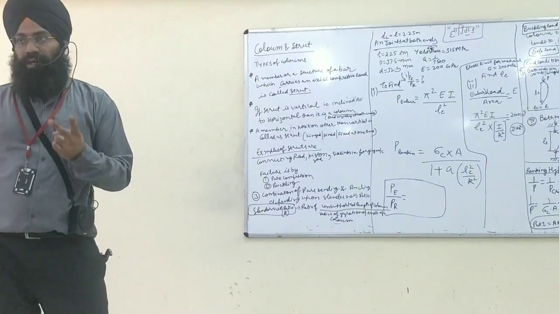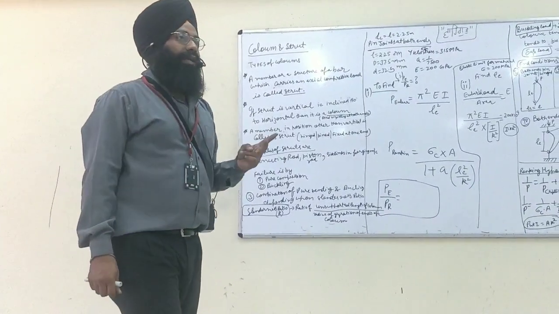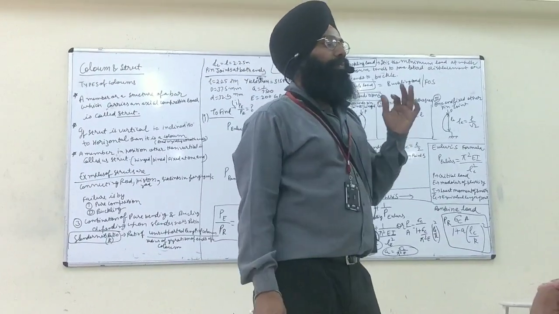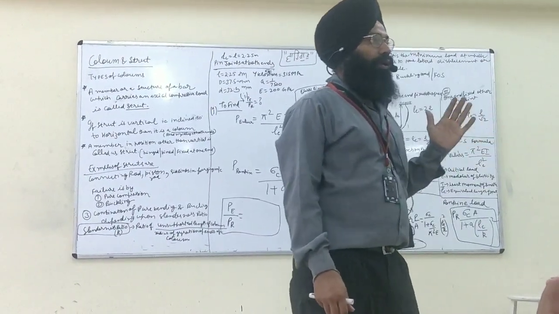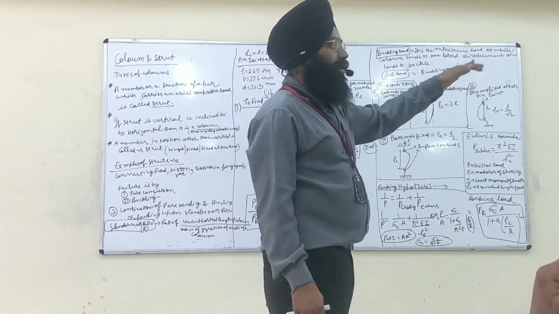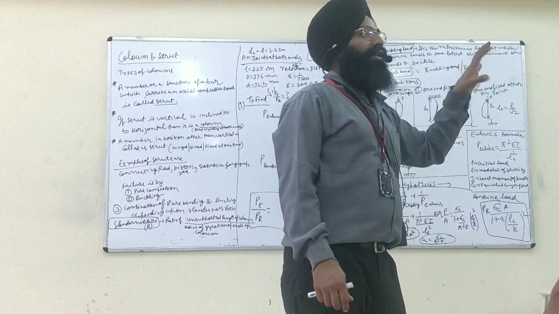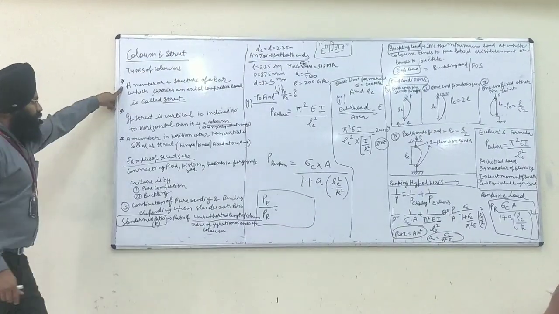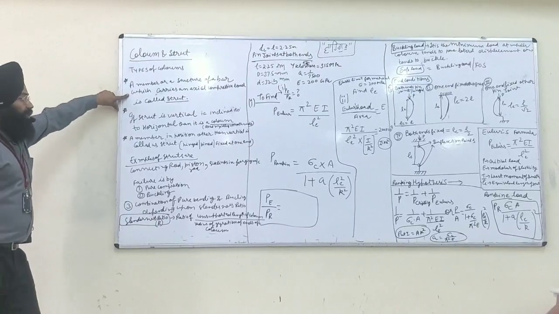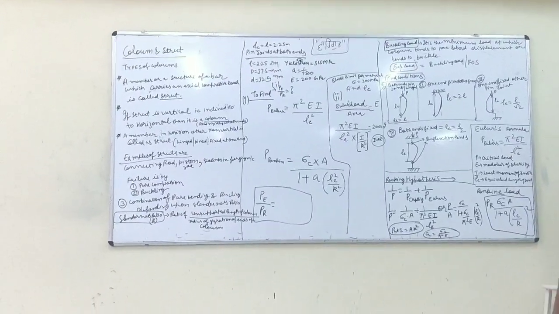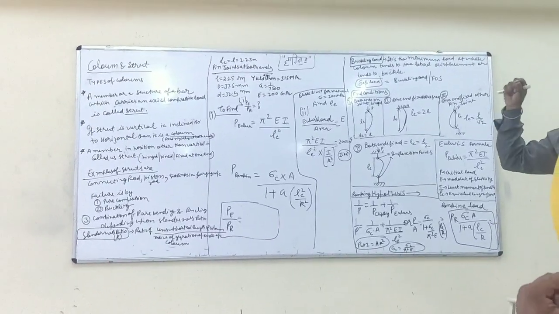Second, what is a strut? A strut is a member which is not perpendicular to horizontal. If a column is deviated to some angle, say 5 degrees, 10 degrees, then it becomes a strut. So a member or a bar which carries an axial compressive load, applied on the upper end, is a strut.